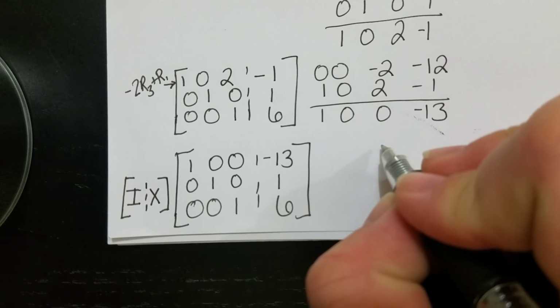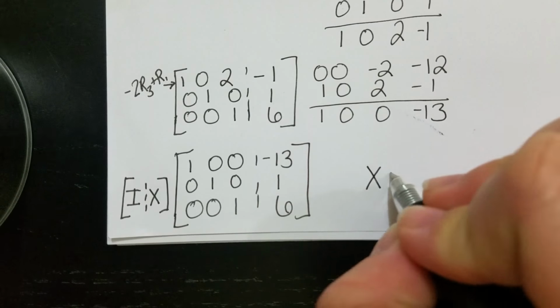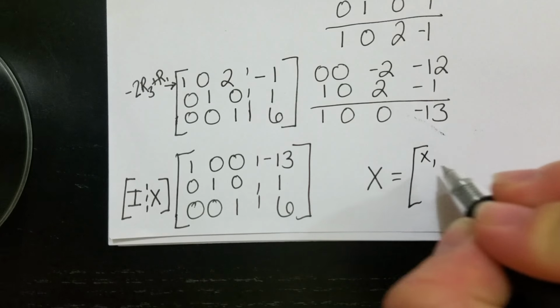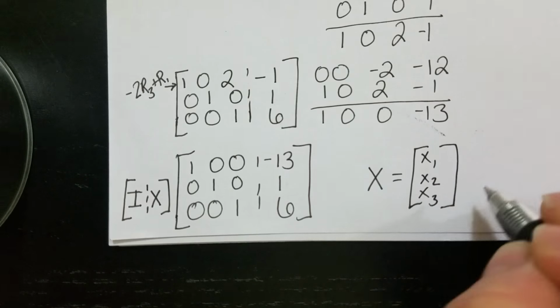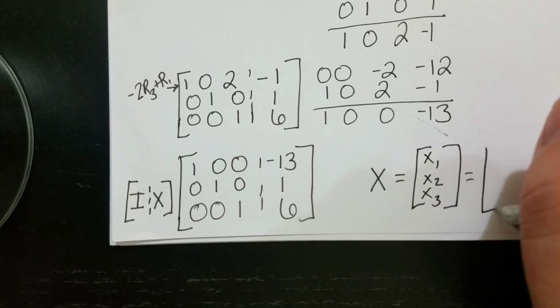So basically you're going to have your X, which is the matrix X1, X2, X3, equaling negative 13, 1, and 6.